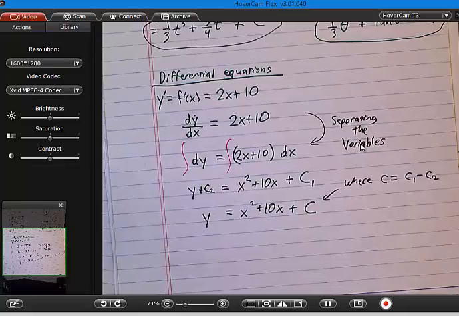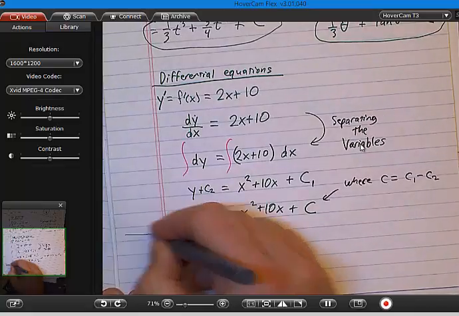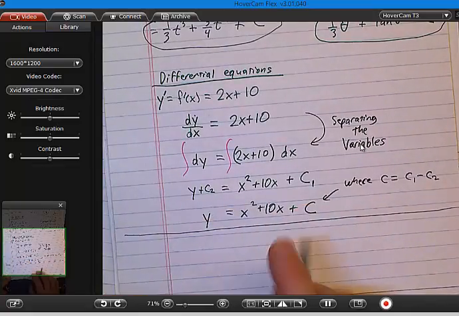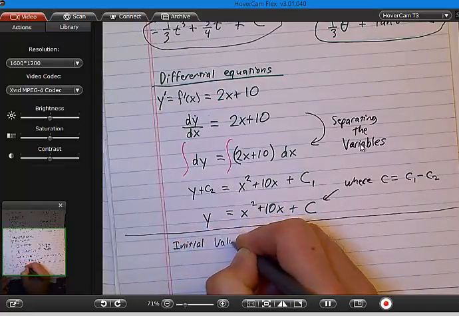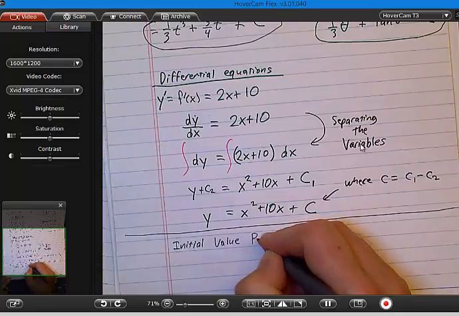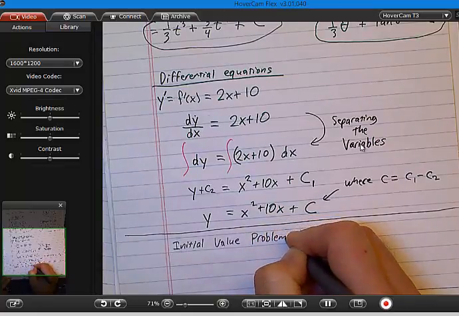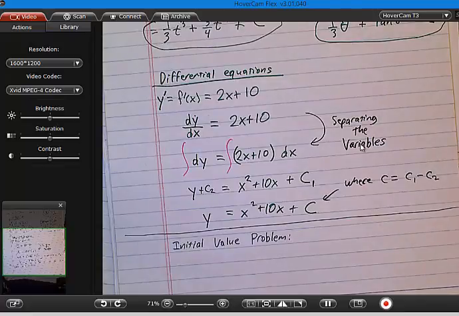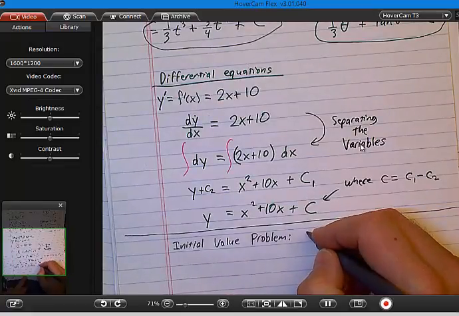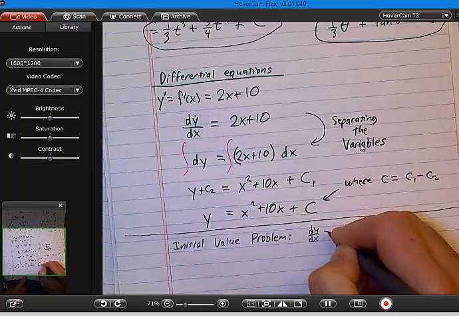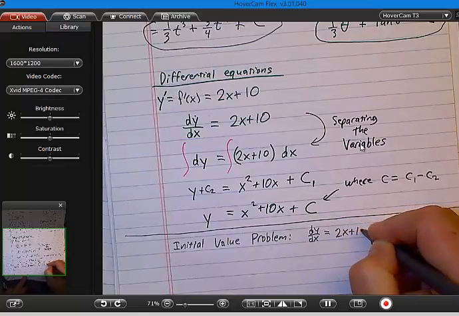All right. Now, one more type of problem that your book will actually show you, which is really kind of cool they're introducing this, because this doesn't happen until differential equations usually. It's called an initial value problem, although some schools teach this in Calc 2 also. Okay? So watch how this works. I might give you the following problem. Suppose I tell you that dy dx is equal to 2x plus 10.